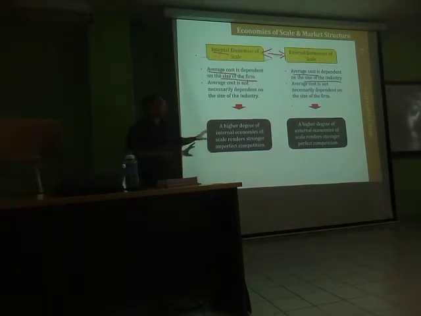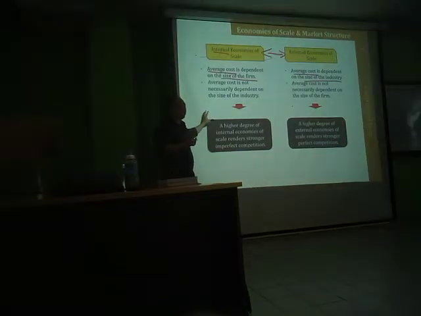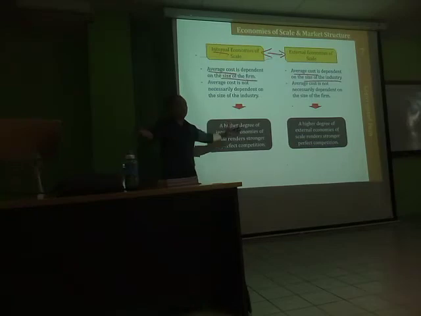Meaning that if I have a firm trying to survive in the industry, and I realize that my average cost does not depend on the industry itself but mostly on how I manage my own firm, then I will have more freedom in terms of product differentiation and more freedom in setting my price, because the average cost depends on how I manage my own firm, particularly its size.